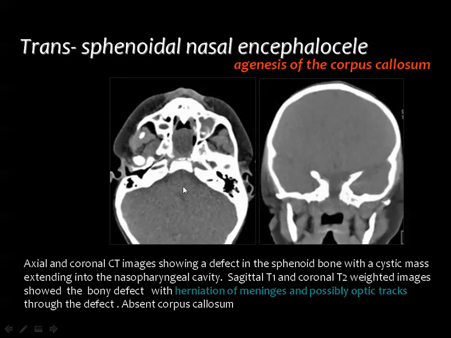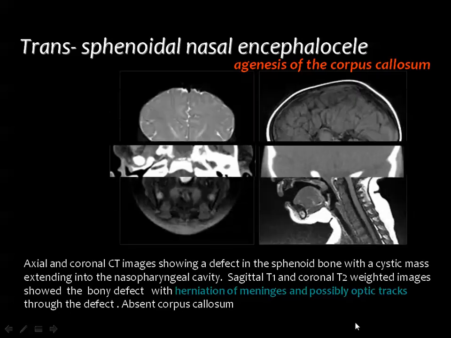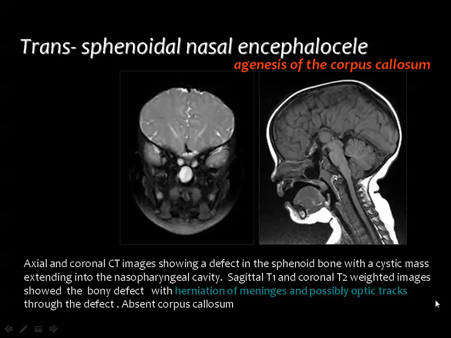And this is a CT scan showing a cystic lesion in the nasoethmoidal area, and the coronal image shows a defect in the skull base. The CT scan cannot for sure detect the contents of this lesion, but here you can see that the lesion is herniating through the skull base into the nasal cavity.